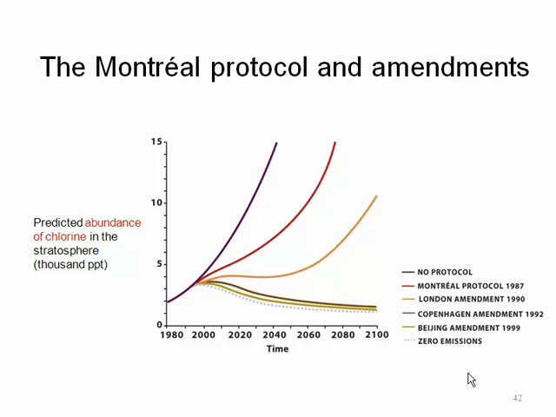If you look at the projected future conditions with the abundance of chlorine in the stratosphere, if no protocol had been reached, the levels would still be rising over the time span and into the next couple of decades. The original Montreal Protocol would have reduced the rate of increase, but it would still have had it increasing over much of the century.